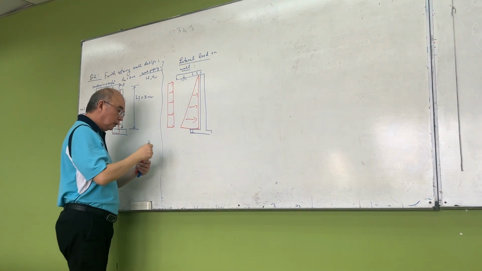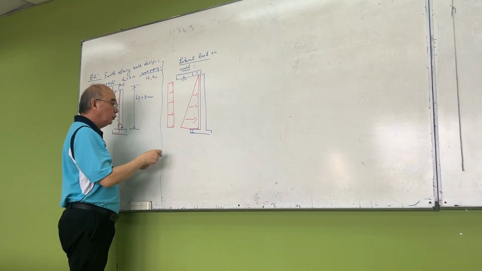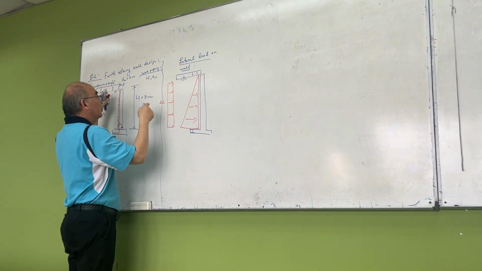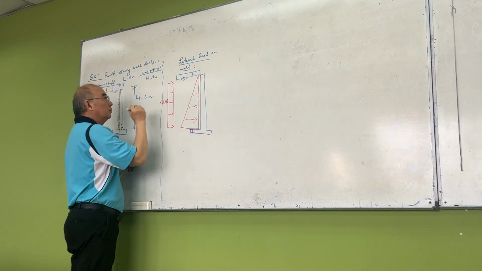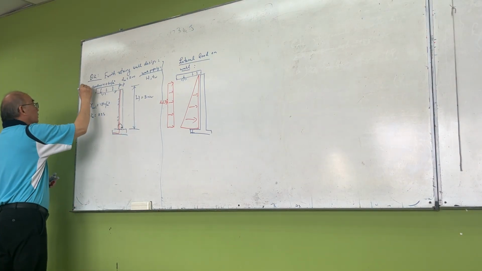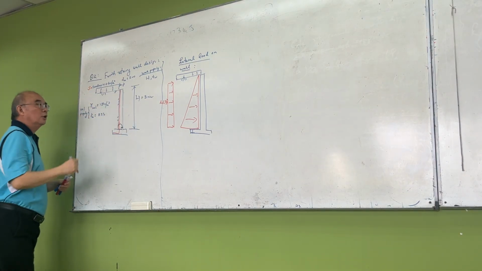The lateral pressure due to the surcharge is Ka times the surcharge, where S is equal to the surcharge.